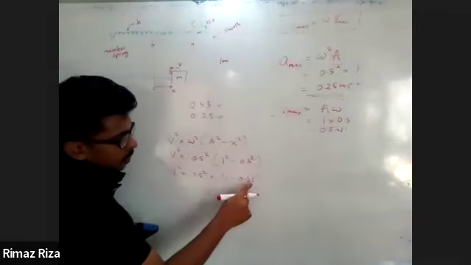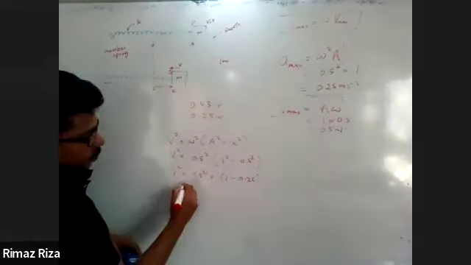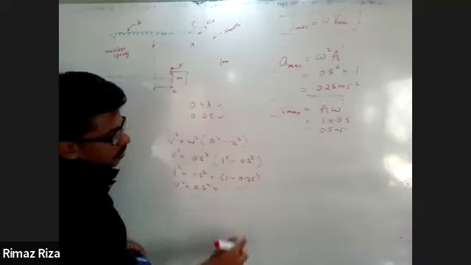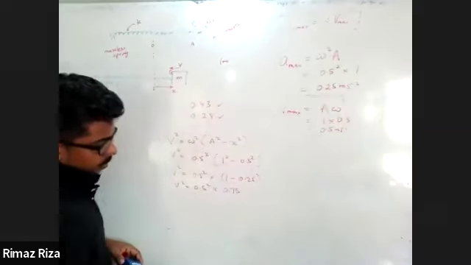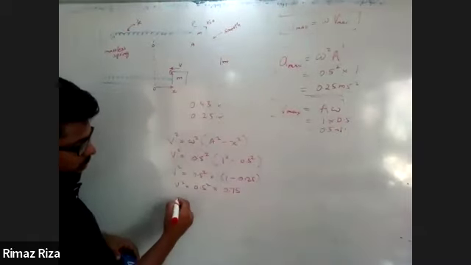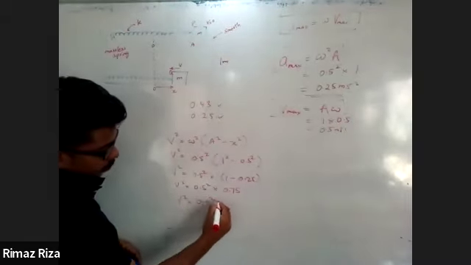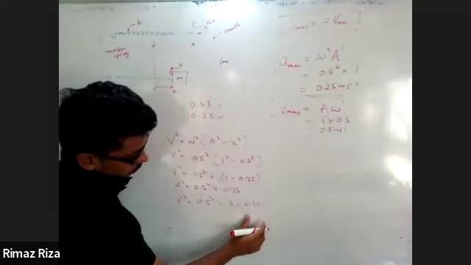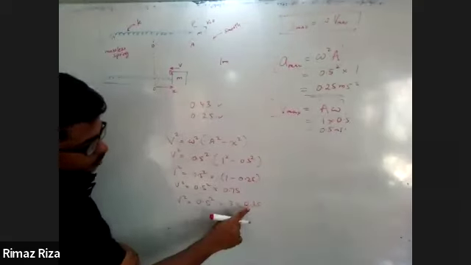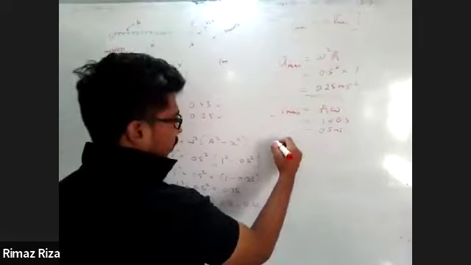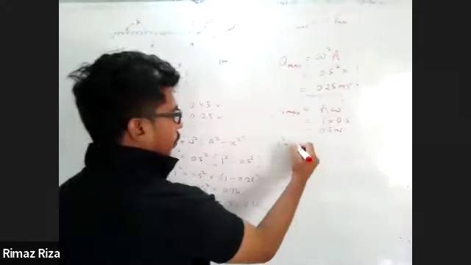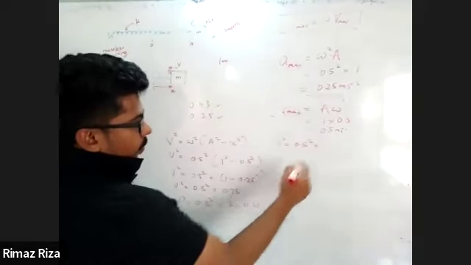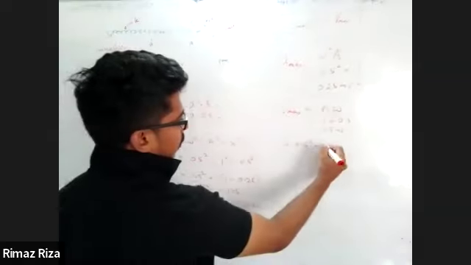Okay, 0.5 squared is 0.25. So V squared equals 0.5 squared times (1 minus 0.25), which is 0.75. So I write it like this: 0.5 squared times 3 times 0.25, and 0.25 is actually 0.5 squared again.